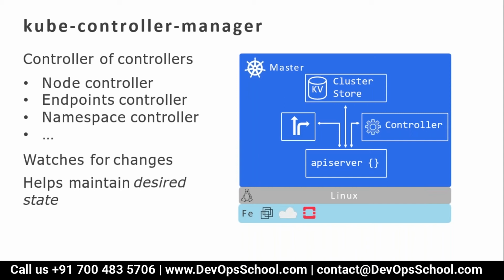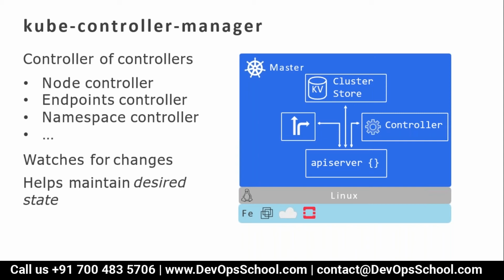In a simple way, the controller manager component manages multiple controllers, and each controller controls something: nodes, endpoints, namespaces, whatever they want to control, and they keep talking to the API server.